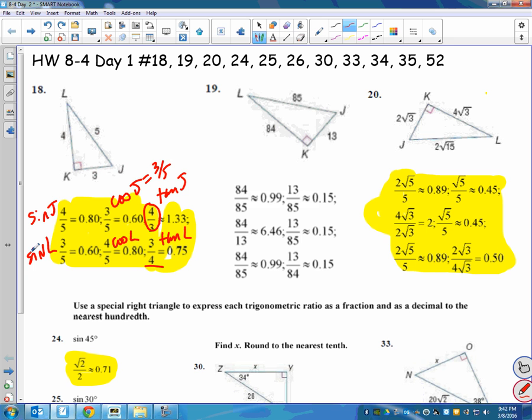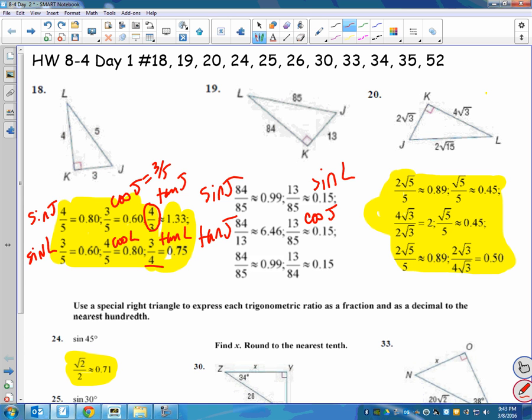84 over 85 would definitely be sine of J. But 13 over 85 would definitely be sine of L. But 84 over 13, that's TOA, right? So that would be tangent of J. 13 over 85 could be cosine of J, since we already have sine of L. Right, they repeat themselves.